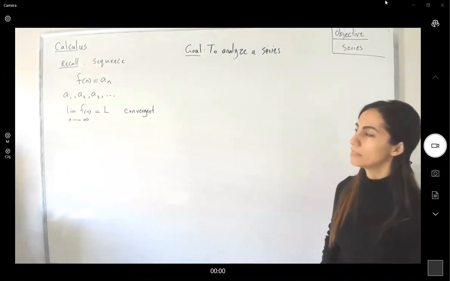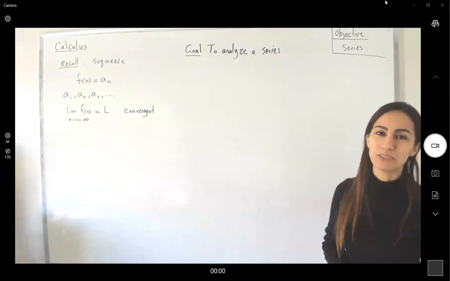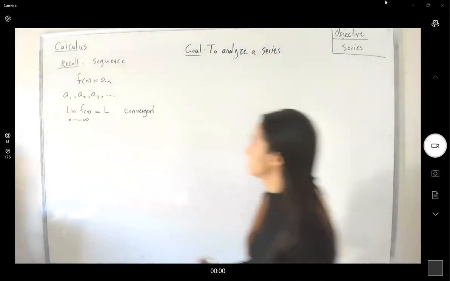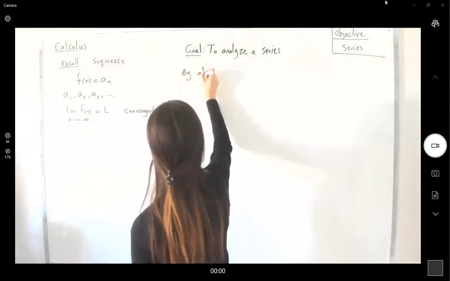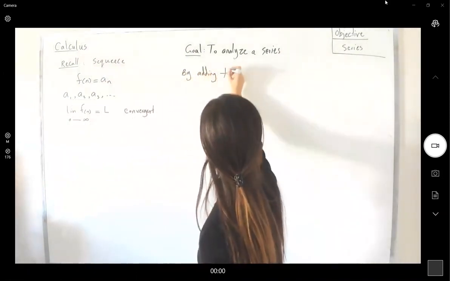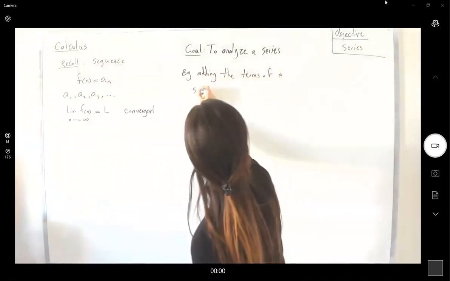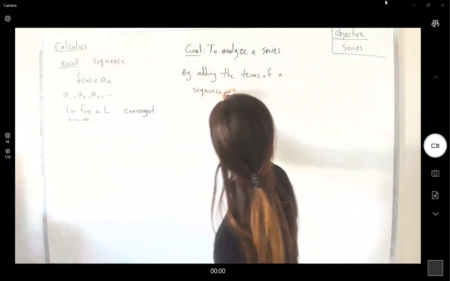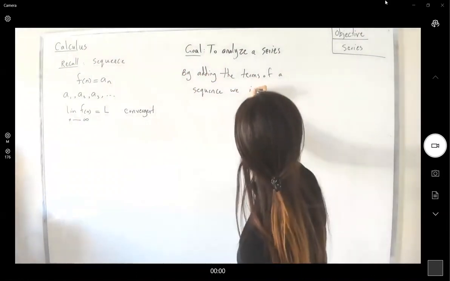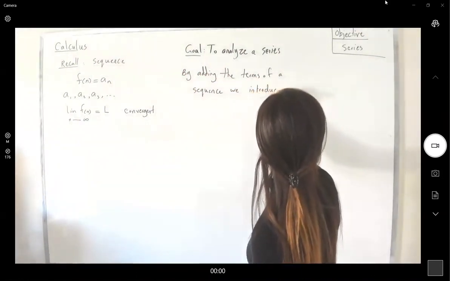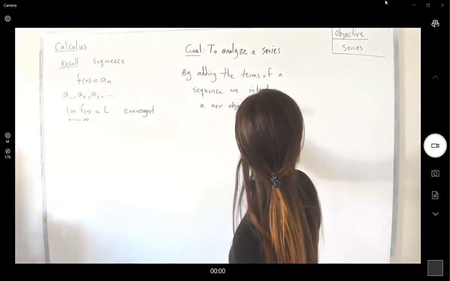Very well. Now we add the terms of a sequence and we create something new, which we call a series. By adding the terms of a sequence, we introduce a new object, which we call a series.